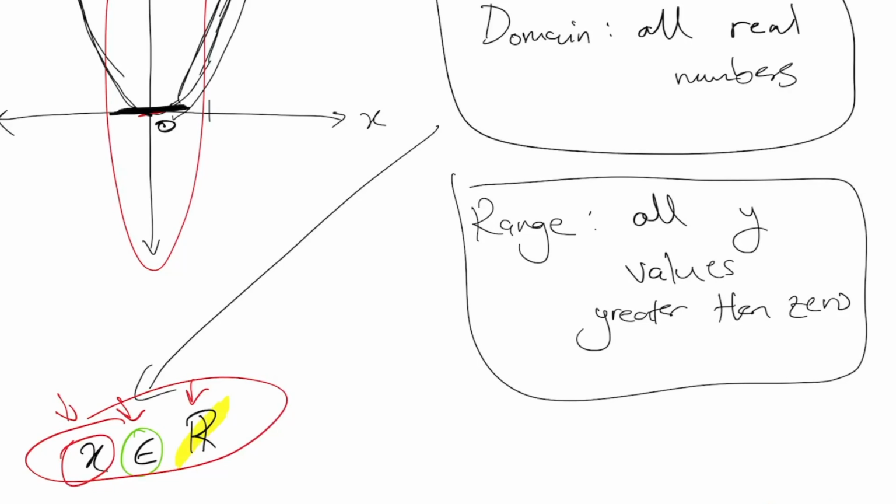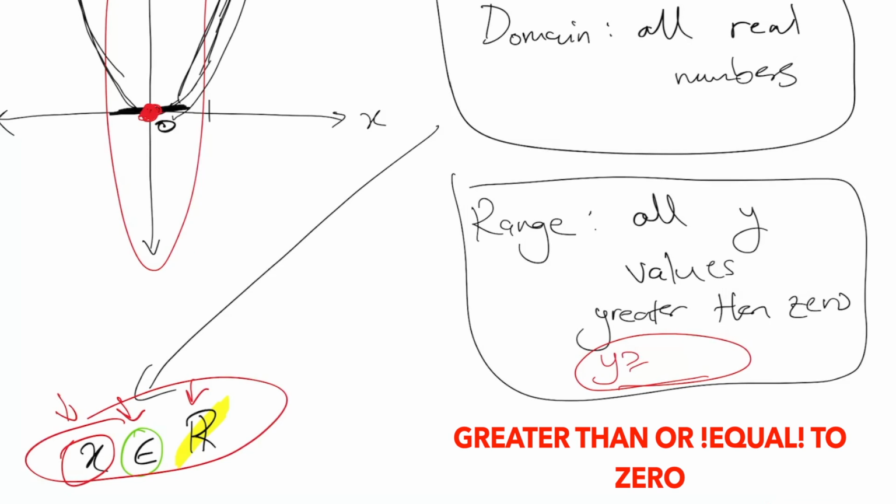Now the range, we would write instead, y is greater than or equal to 0. So for the y values that are greater than or equal to 0, we say equal to 0 because it's starting there definitely, because it is part of the function. So for any y value greater than or equal to 0, the function exists.